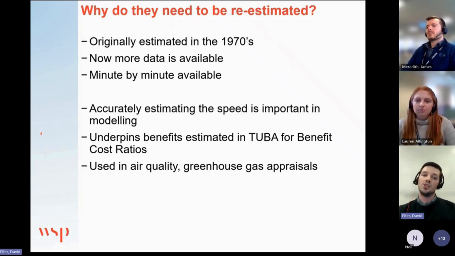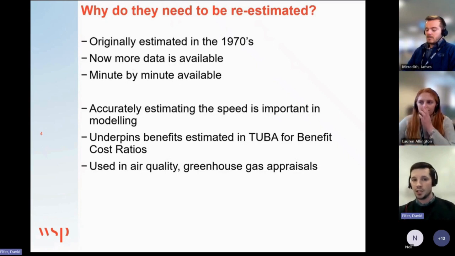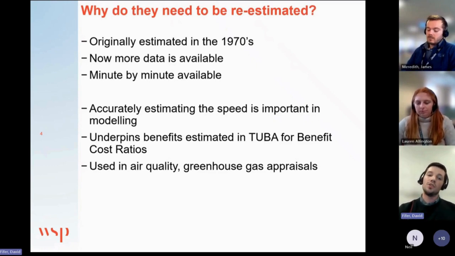So these are investigations using data that's taken every minute at sites, and they're important to re-estimate because being able to accurately estimate this relationship between speed and flow underpins benefit estimates that we use in TUBA calculations that feed into benefit cost ratios, and it's also used in air quality and greenhouse gas appraisals. So it's quite important for several different areas and reasons.